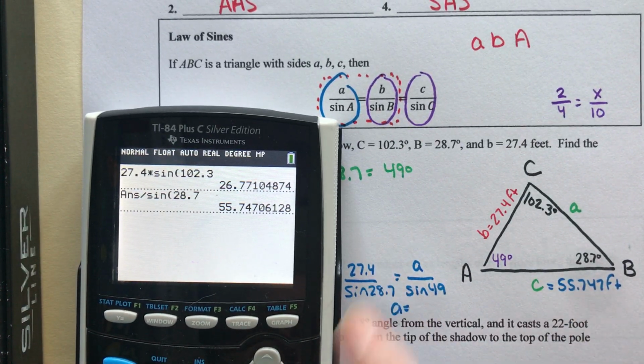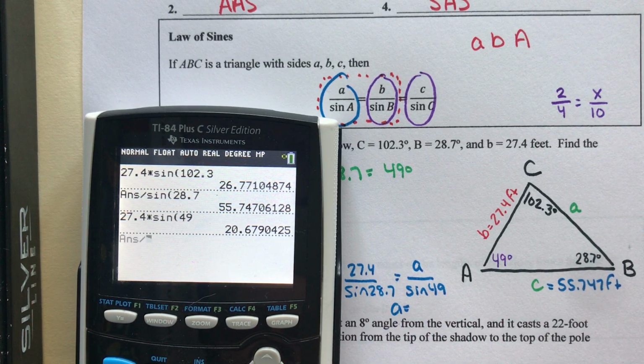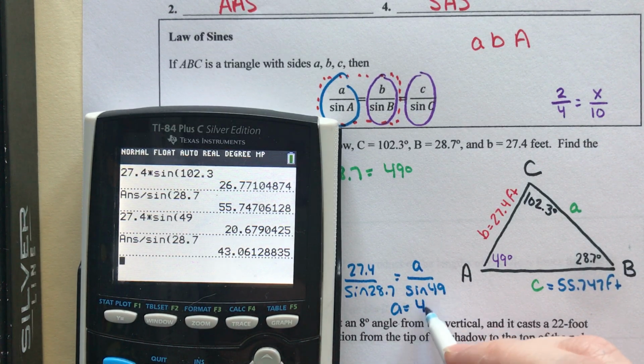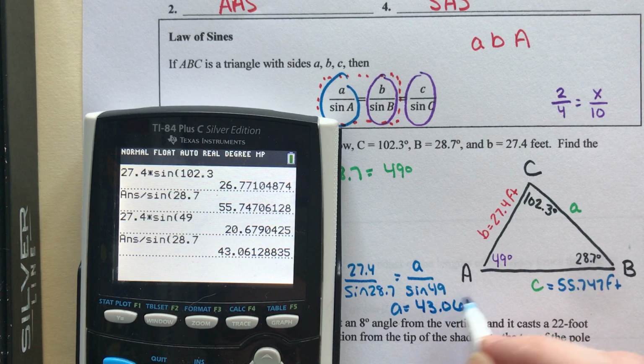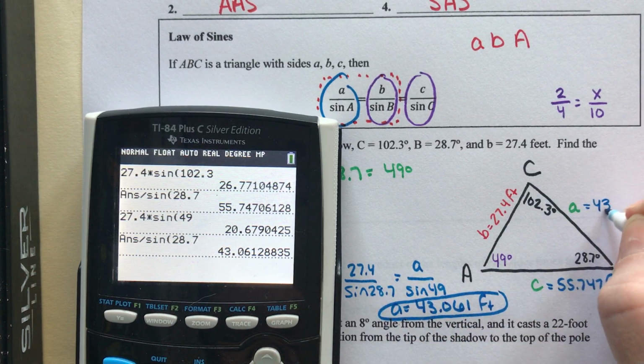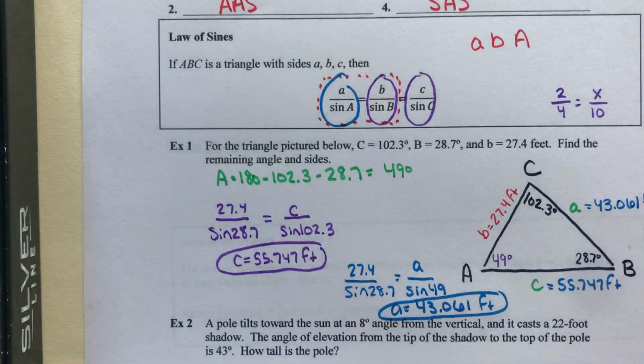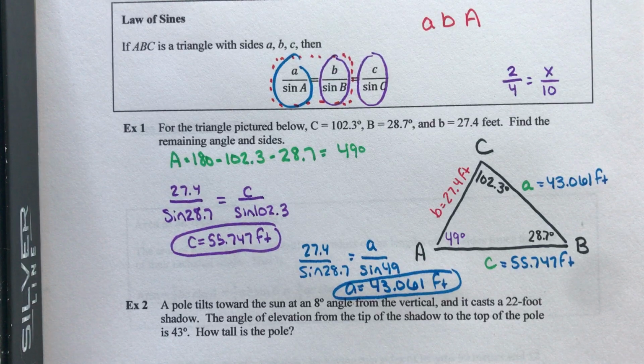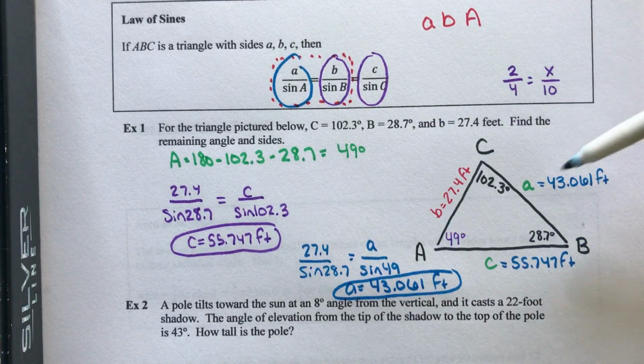I'm going to take this 27.4 times sine of 49, press enter, and then divide by the sine of 28.7. A is 43.061 feet. Okay, so we have completely solved the triangle when we know all 3 sides and all 3 angles.